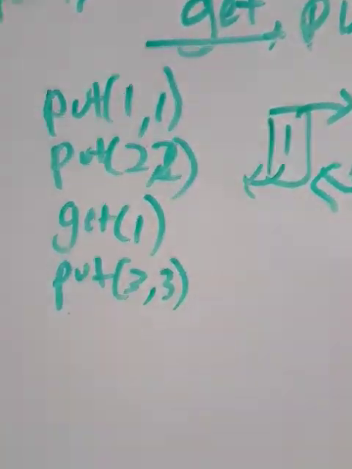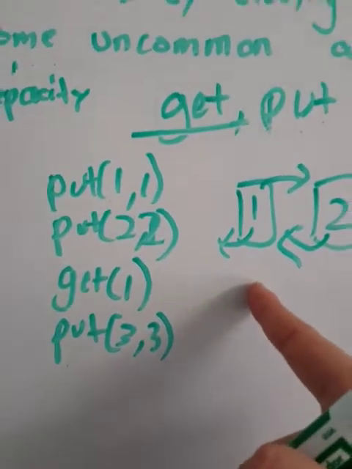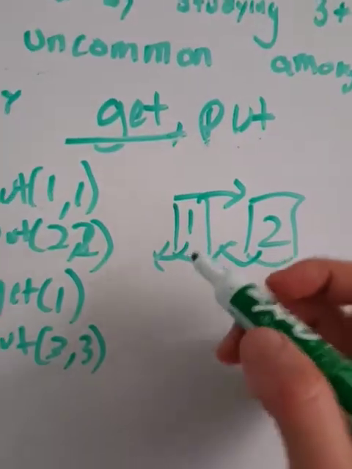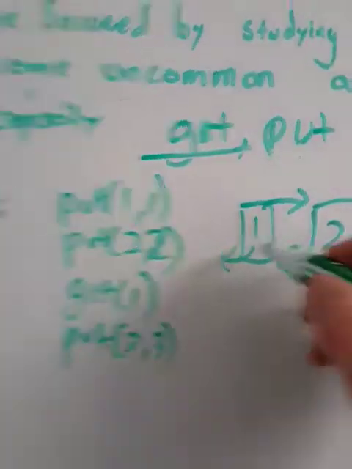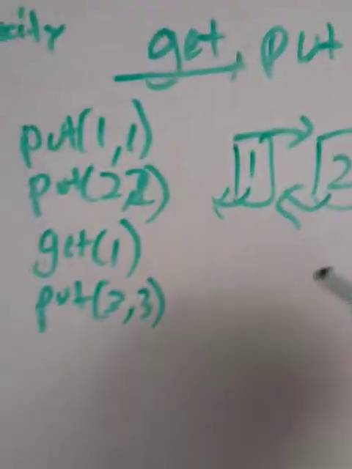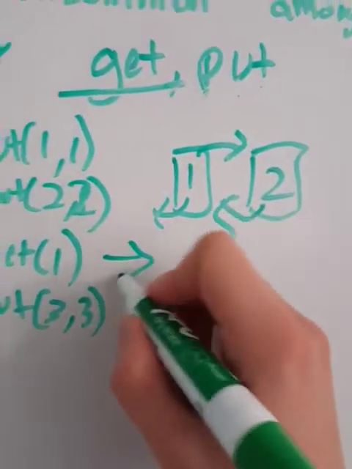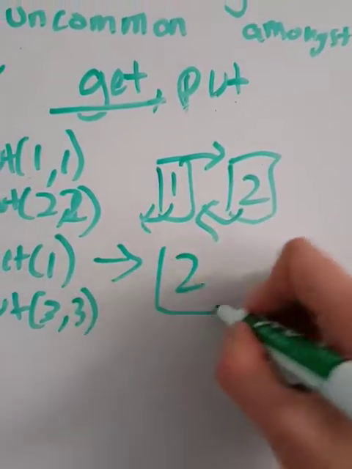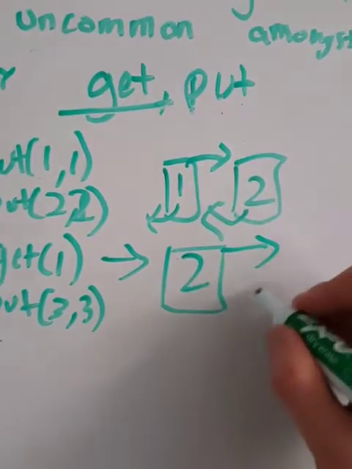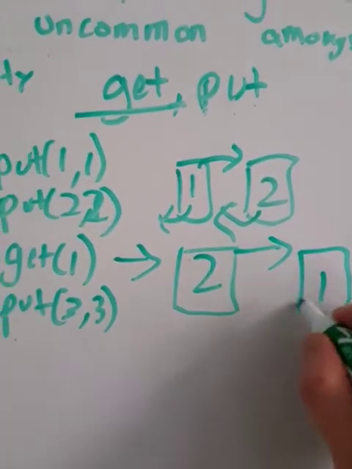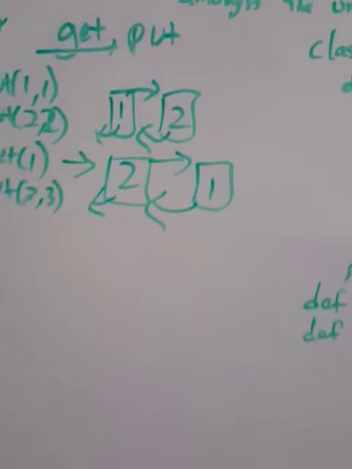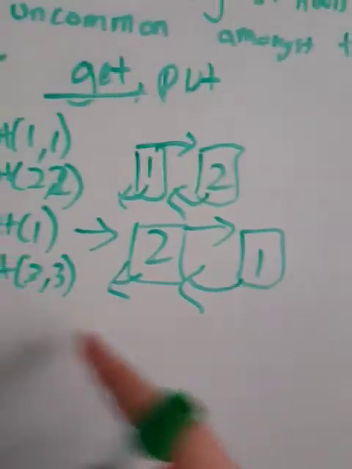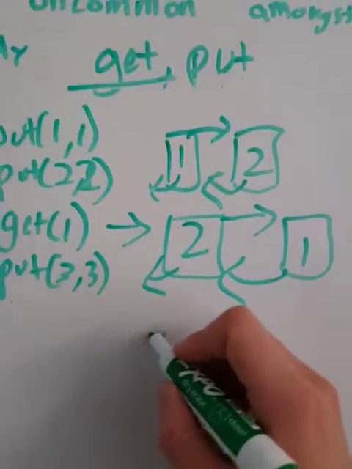So we're doing that. And then when you get 1, it is no longer the least recently used item that it is before we do the get. So now we need to update the 1 to be more recently used than the 2, right? So when we do the get here, the 2 is now our least recently used item, and then 1 is our most recently used item. And then when we put 3, since our capacity was 2, we would actually get rid of the 2 now.